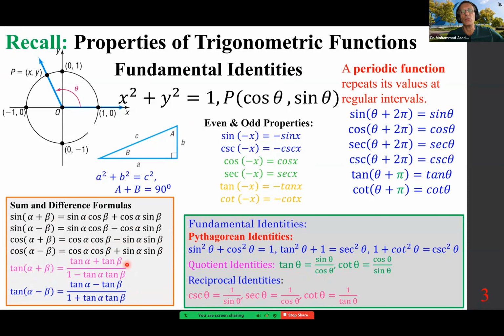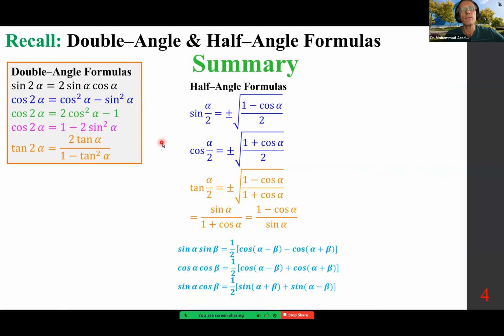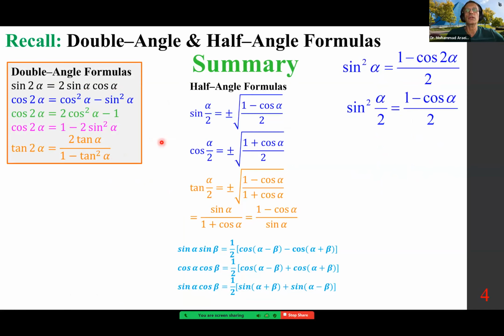Double angle formula, such as sine of 2 alpha is 2 sine alpha cosine alpha. Cosine of 2 alpha has three different formats: cosine squared minus sine squared, 2 cosine squared minus 1, 1 minus 2 sine squared. And before sine of alpha over 2, we should look at sine squared alpha, which is 1 minus cosine of 2 alpha over 2, coming from these formulas.